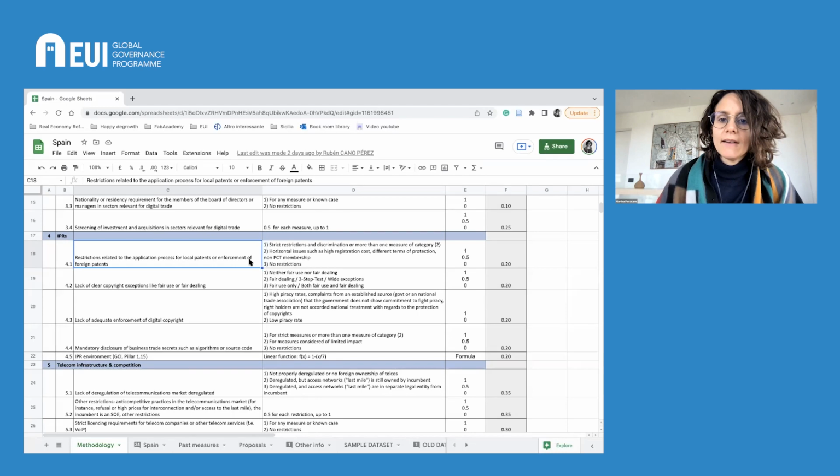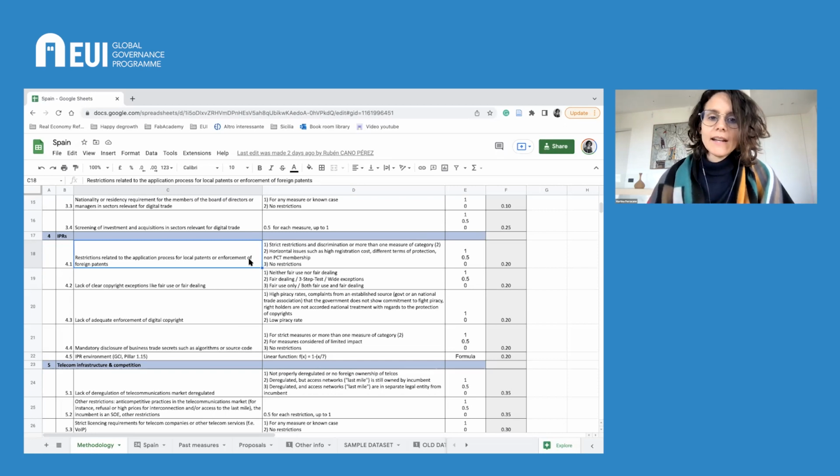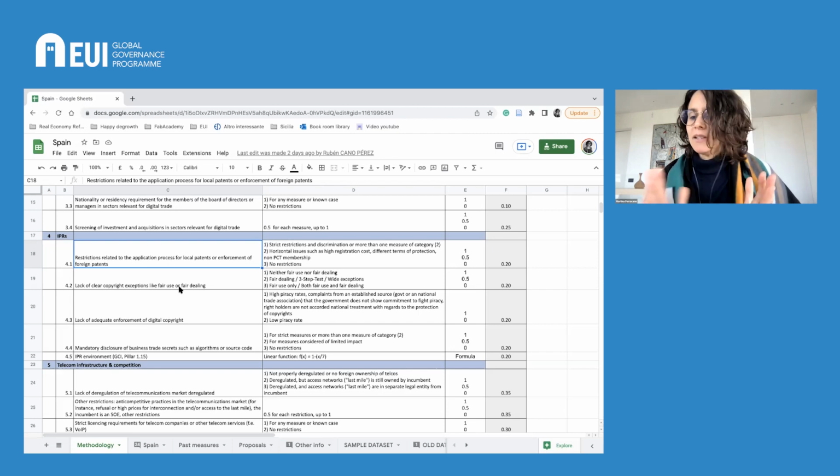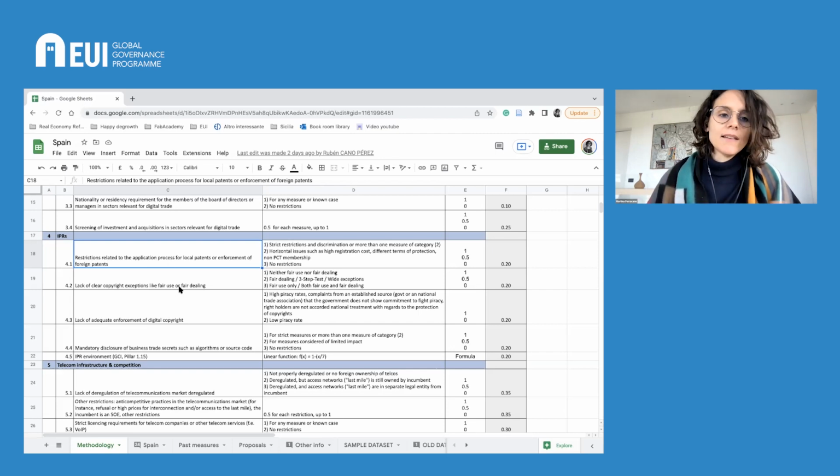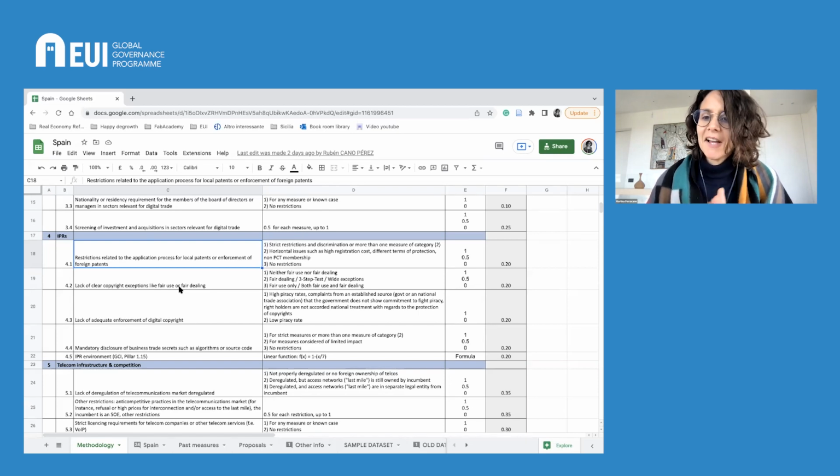For example, if there are high registration costs, different terms of protection for national companies versus foreign companies, or issues with enforcement of patents. We try to take into account both the text of the regulation and the complaints by companies. This is the only entry we have on patents. Then on IP, we also cover copyright, trade secrets, and other issues.